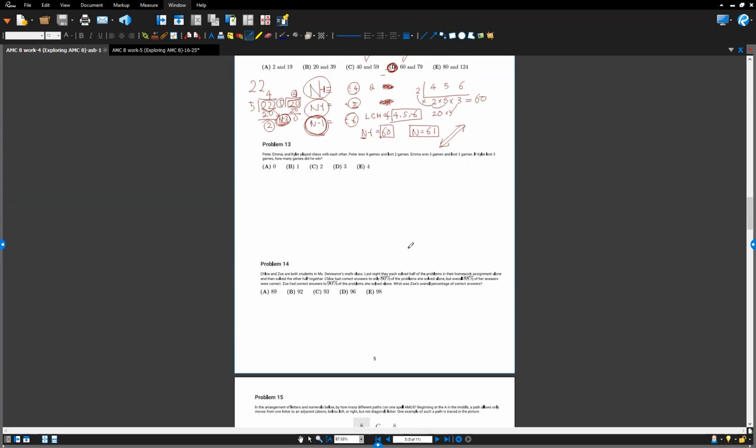For a very honored student, they can try up to number 13 or 14. Very smart guys. But there are also very few students who can finish up to number 20.